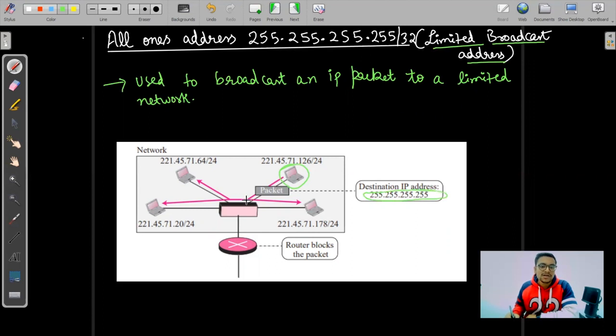Then it will be broadcasted to all the hosts present in that particular network, and the router located for that network will work as a blocker and will block the packet from moving out of this network. It will only be broadcasted within this particular network and will not move out of the network. So that is it about the all ones address.